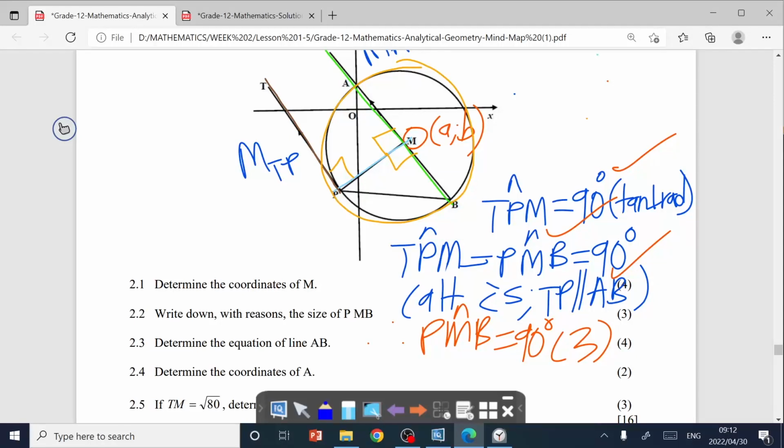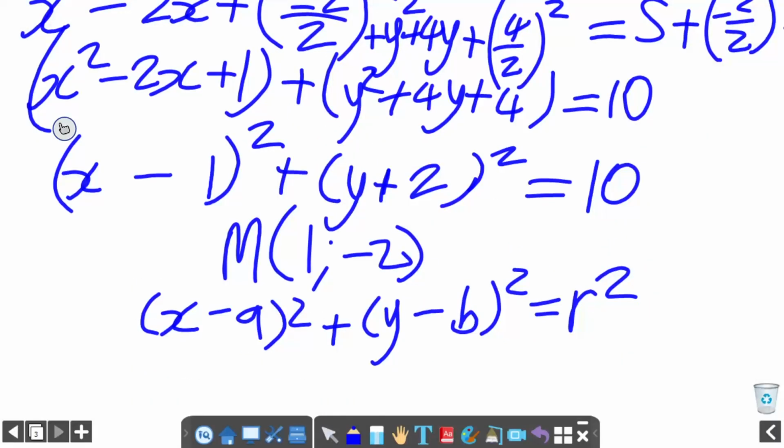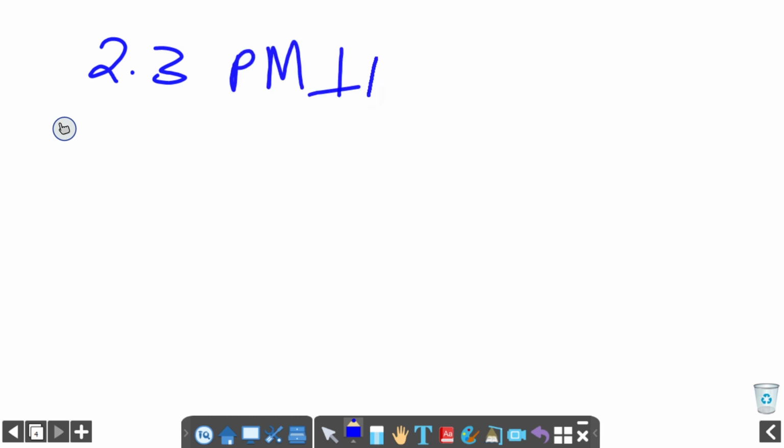Very good. So PM is perpendicular to AB. So that's what we know. Which question is this one? Question 2.3. So in 2.3, we know that PM is perpendicular to AB.